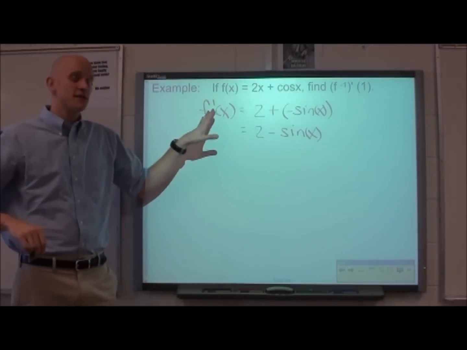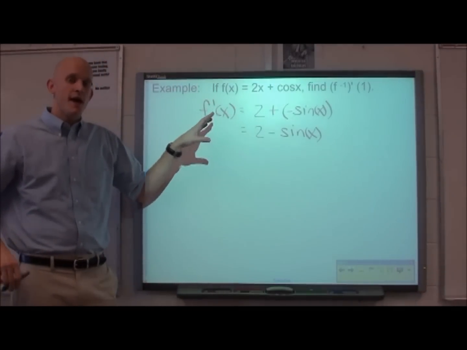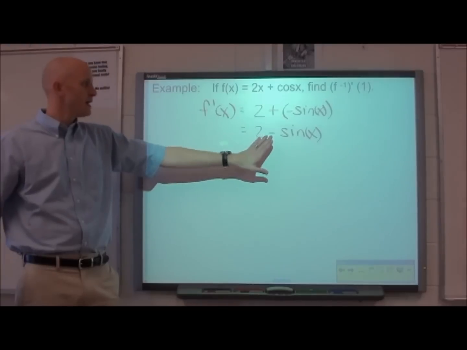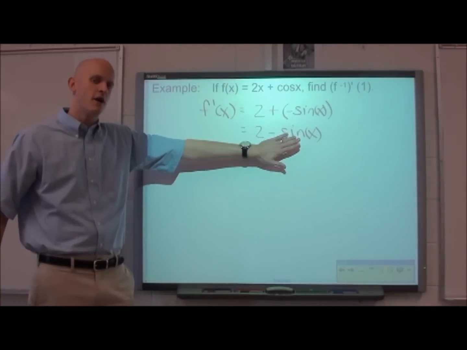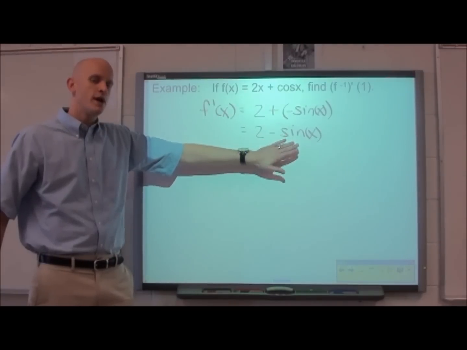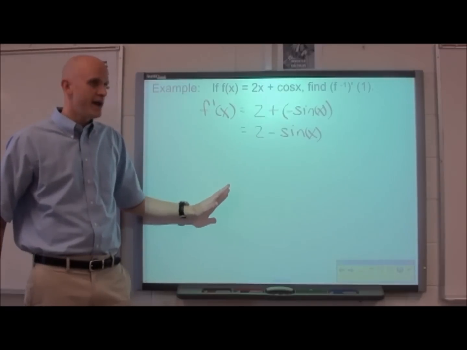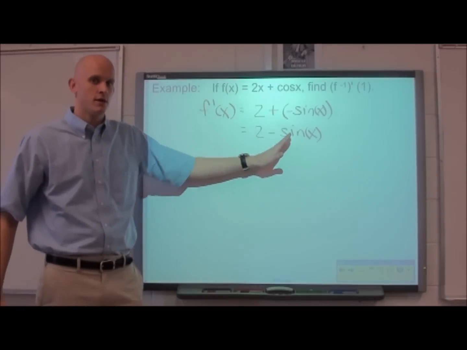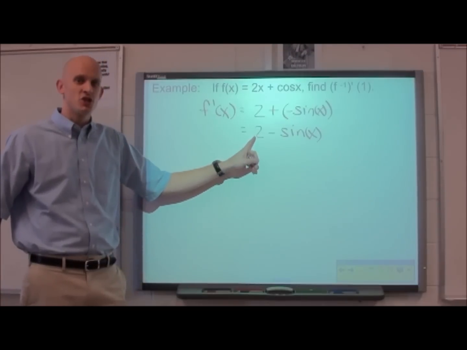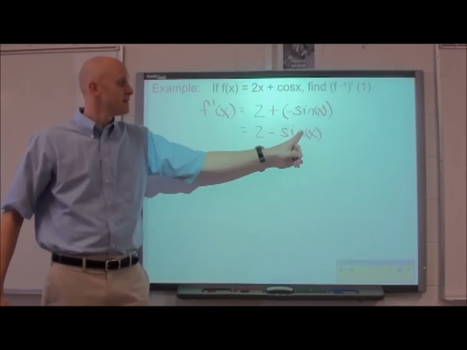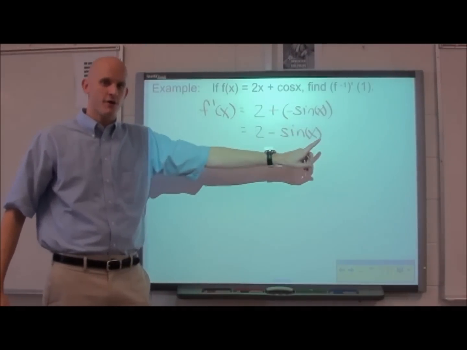Now this is the derivative, and I would hope that you agree that this is always a positive number. If our derivative is always positive, we know that the function is always increasing. Let's talk about why I know the derivative is always positive. It is 2 minus some sine value.